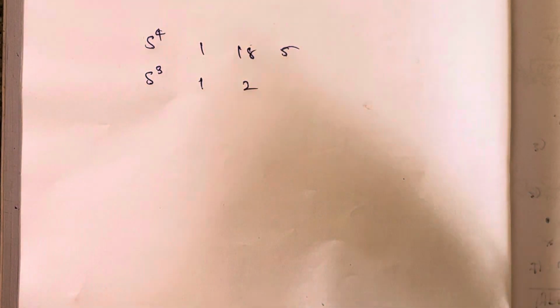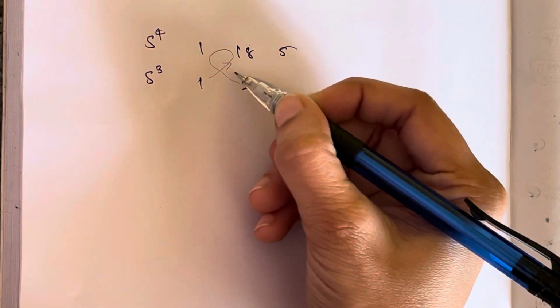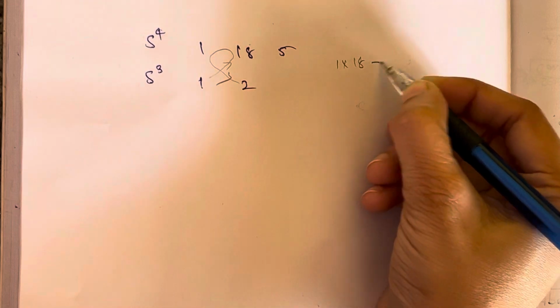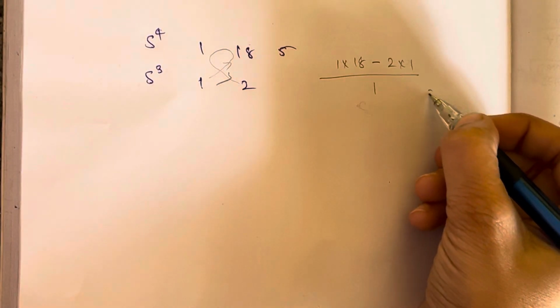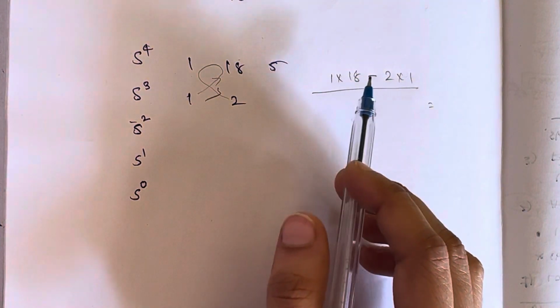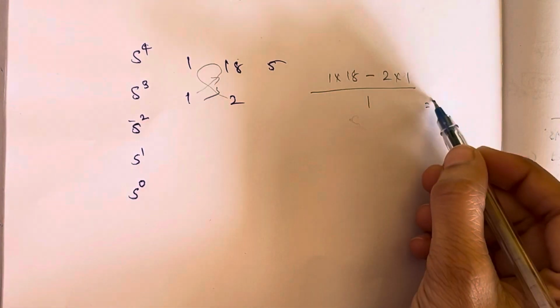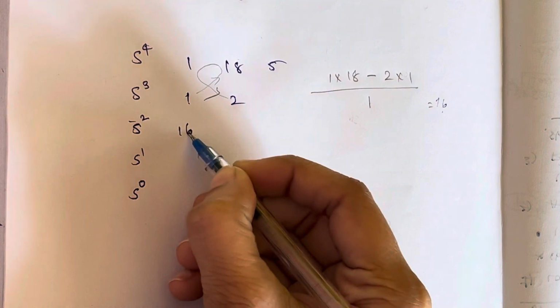Now take it in this order: (1 × 18 − 2 × 1) / 1, which is 18 − 2 by 1. It is 16, so here we write 16.